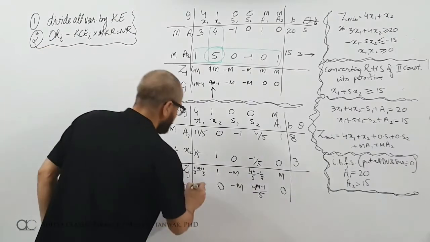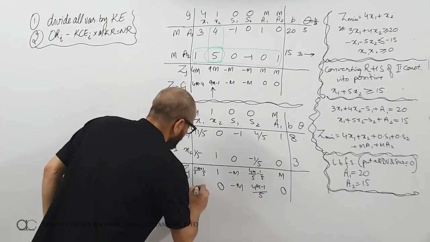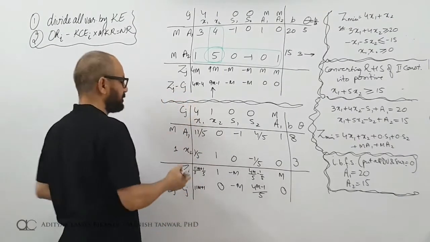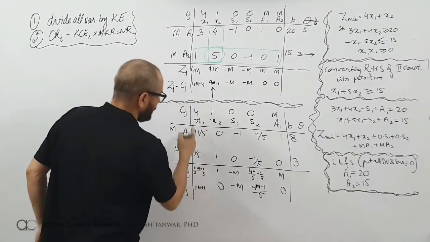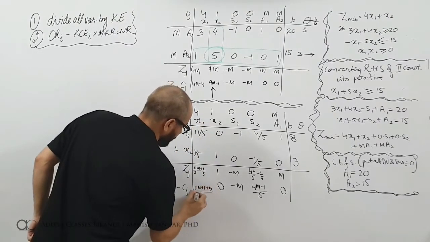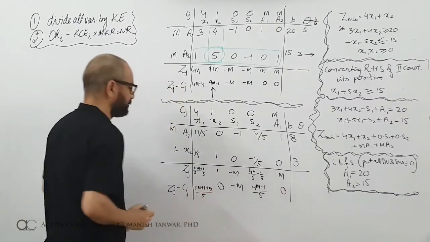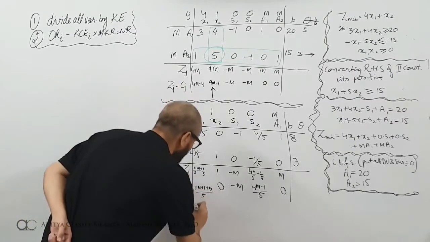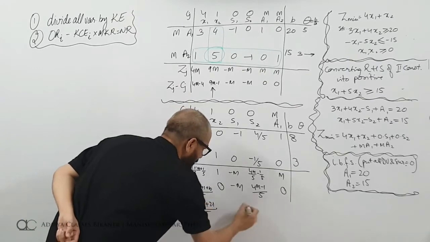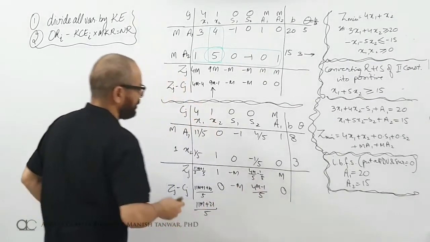So, this will become 11M plus 1. This is 4. If we take LCM, we will get an LCM of 5. This will become 20, 4 5s are 20, upon 5. If you solve this further, you will get 11M plus 21 upon 5. This is 4M minus 1 upon 5.